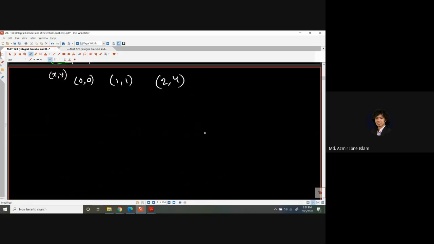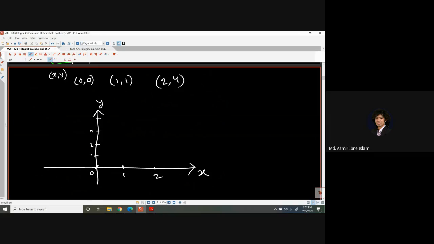So let's plot all the points in the Cartesian coordinate system. We have the x-axis and y-axis. This is 0, 1, 2, and on the y-axis 1, 2, 3, and 4.